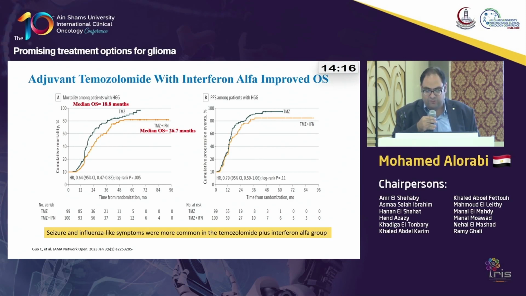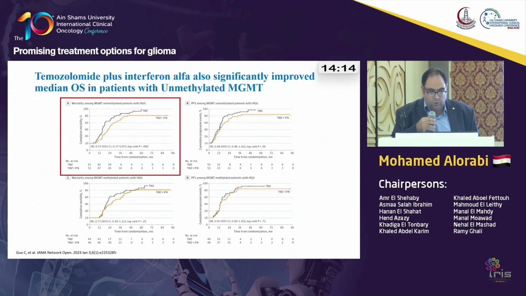Also, the addition of interferon to temozolomide improved the overall survival in patients with unmethylated MGMT. There was no survival benefit in patients with methylated MGMT. Also, there was no difference in progression-free survival between temozolomide and temozolomide interferon in patients with methylated and unmethylated MGMT.